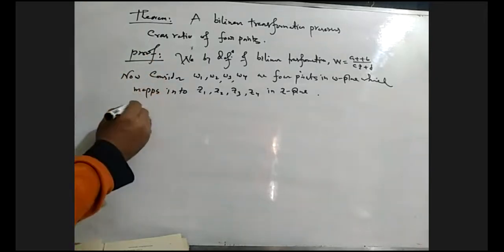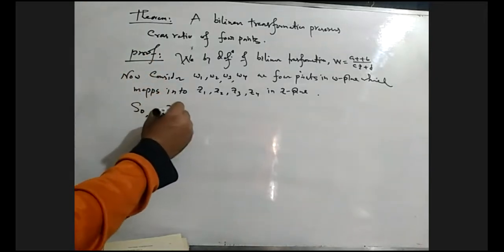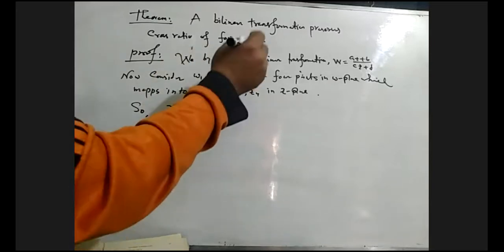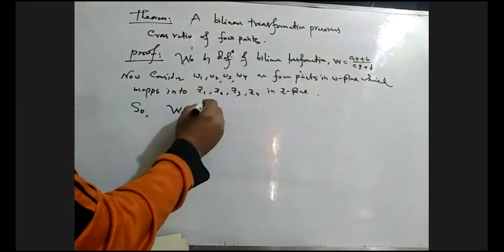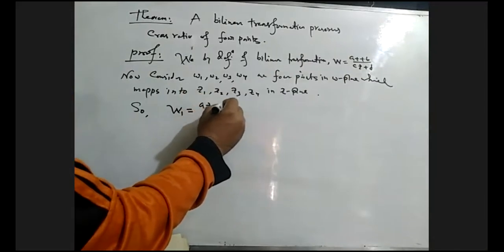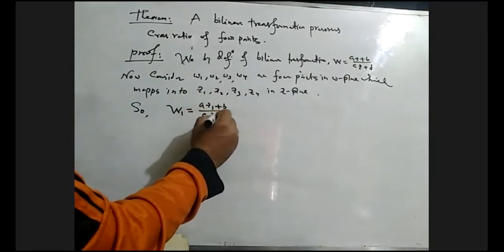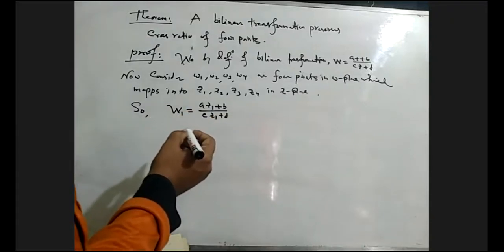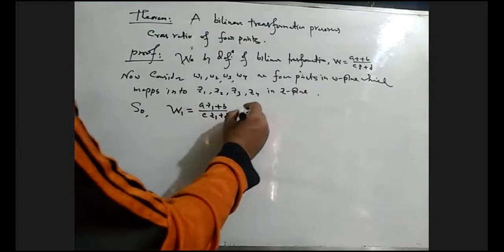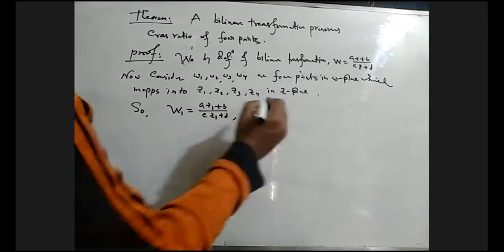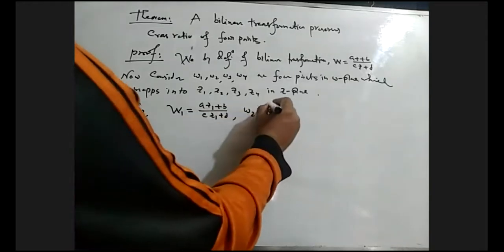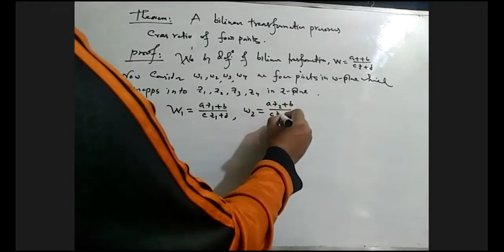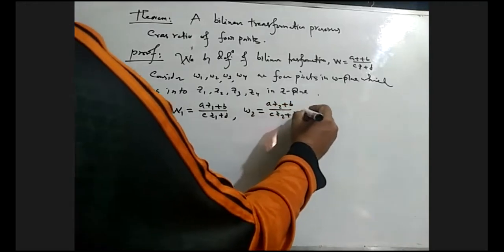So W1 equals (AZ1 plus B) divided by (CZ1 plus D). And W2 equals (AZ2 plus B) divided by (CZ2 plus D).